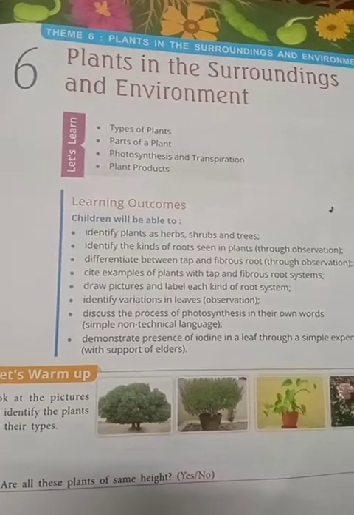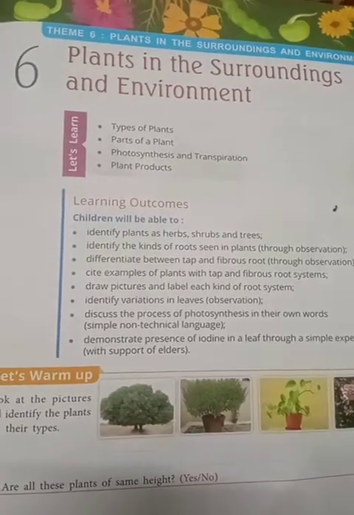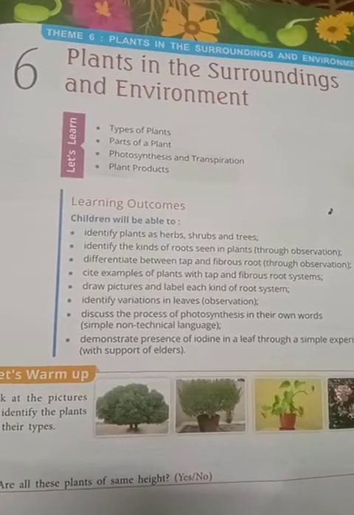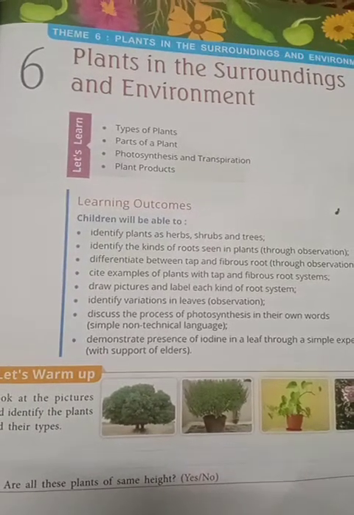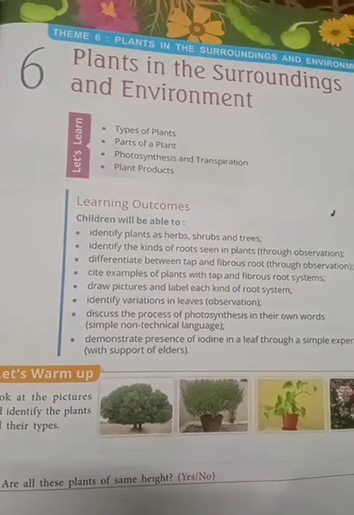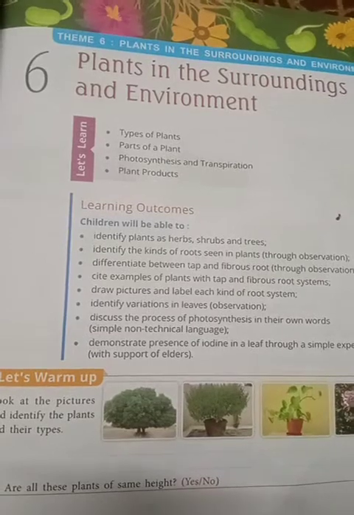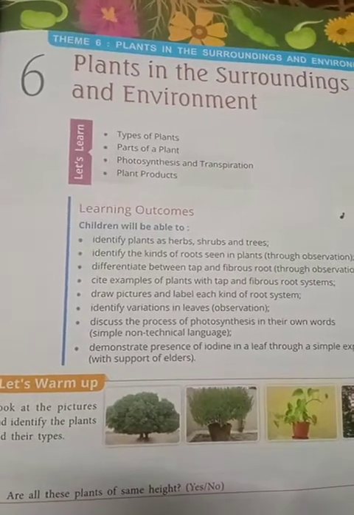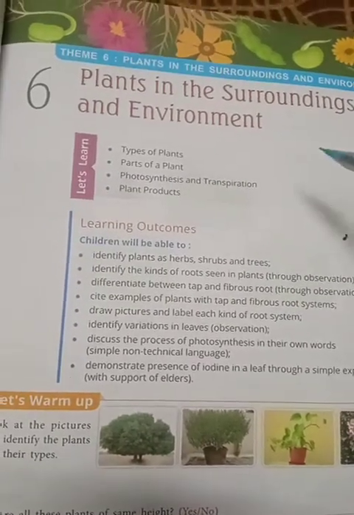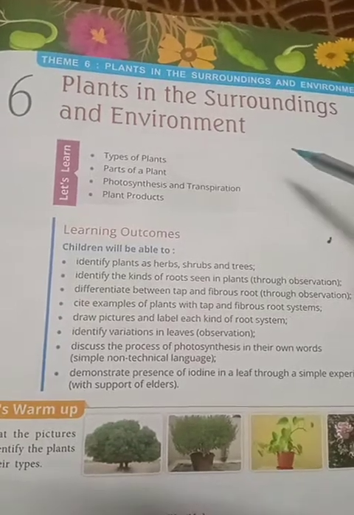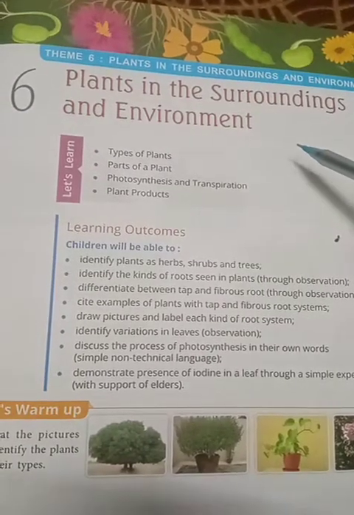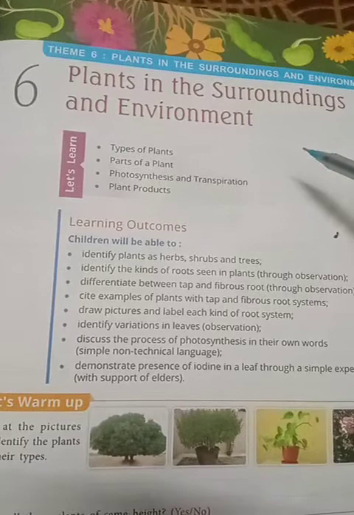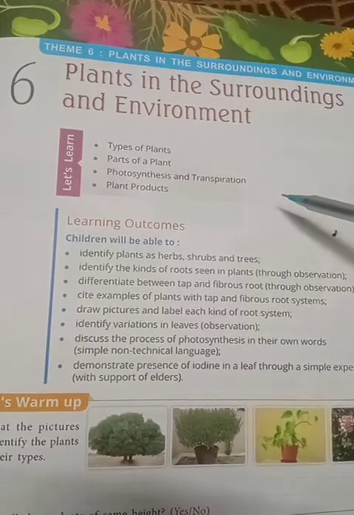Hello everybody. Today we start the sixth lesson of science. We already finished five lessons and their question answers also. Today we start the new lesson, Plants in the Surroundings and Environment.